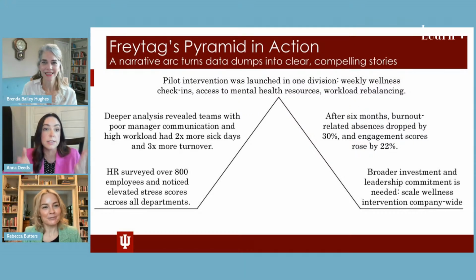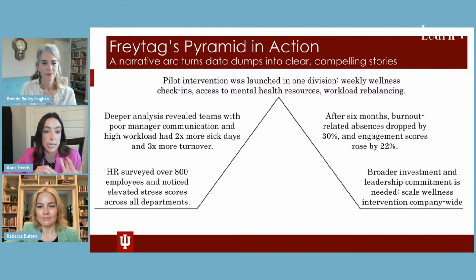So seeing data storytelling in action, using this Freytag's pyramid. This is a company that was having issues with burnout and turnover. So HR decided to survey hundreds of people and noticed within that survey that there were elevated stress scores across all the departments.